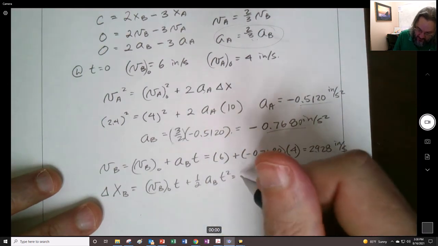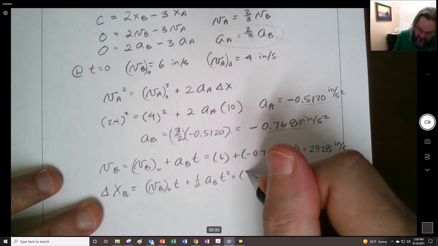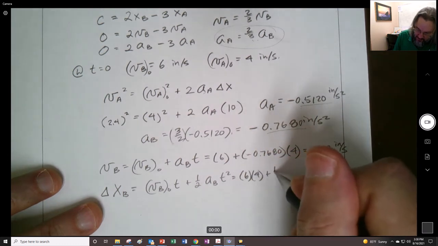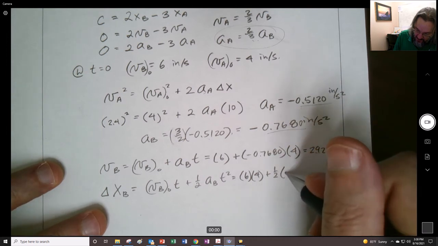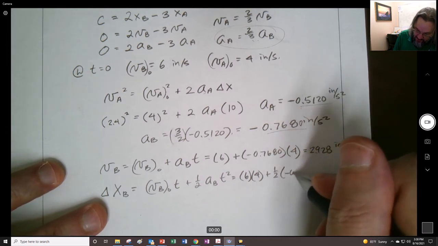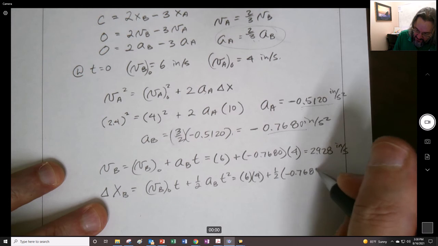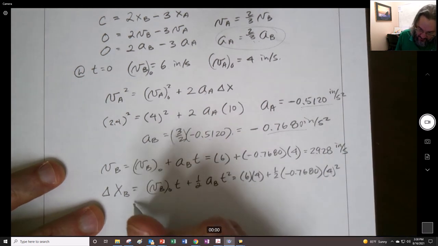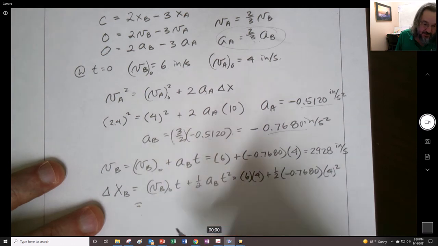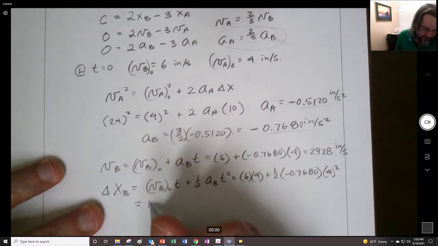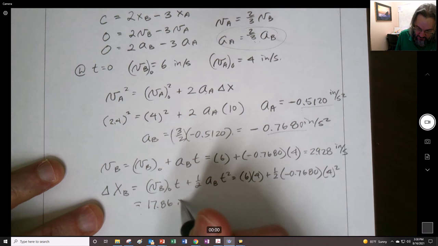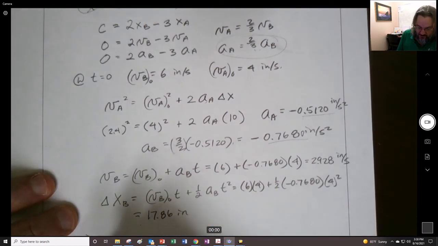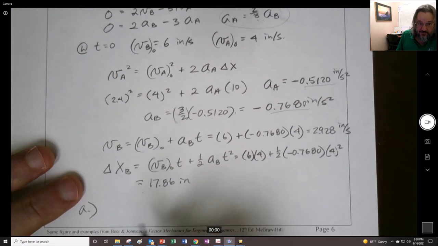So we know that that's going to be 6 times our 4 seconds plus 1/2 times, this is B, negative 0.7680, and then a 4 squared. So we have the change of position is now going to be equal to 17.86 inches.